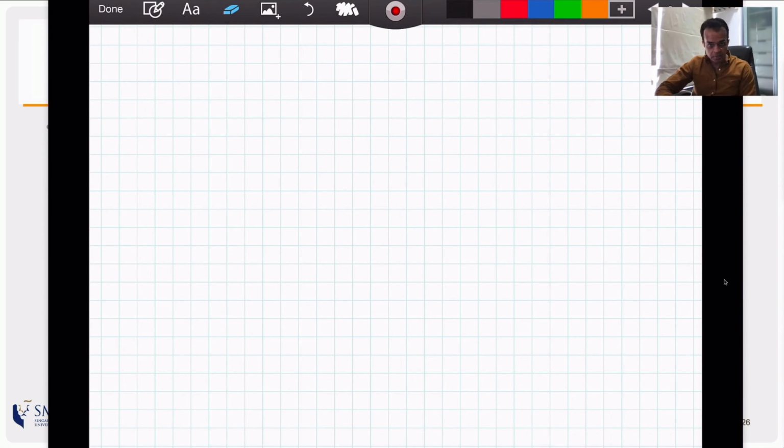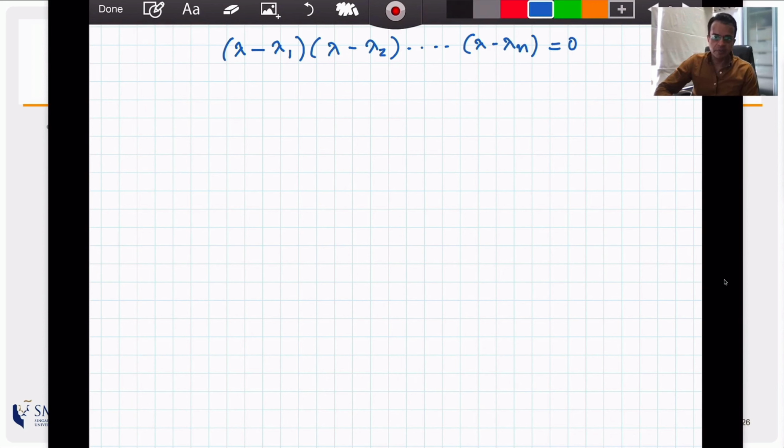The characteristic polynomial is a polynomial in lambda. So if I have lambda minus lambda 1 times lambda minus lambda 2 times all the way up to lambda minus lambda n equal to 0, and if I were to expand the factors there, I would get a polynomial of order n.